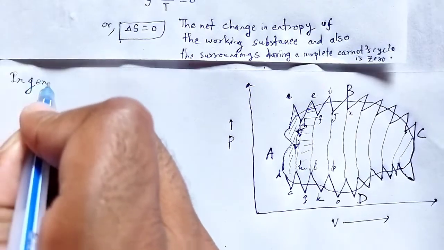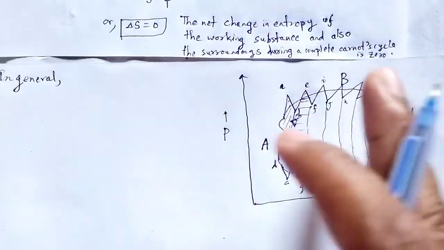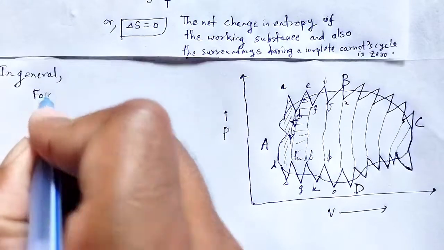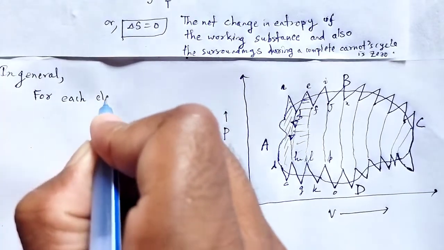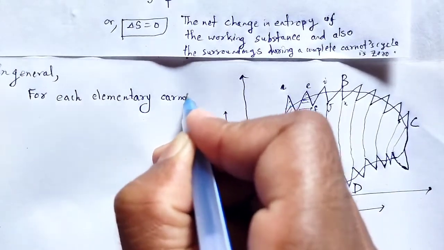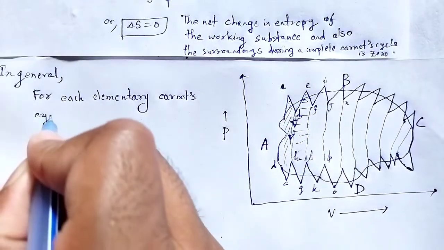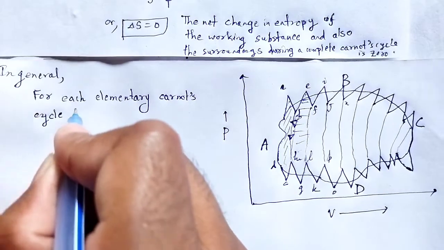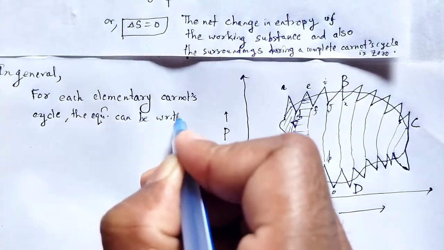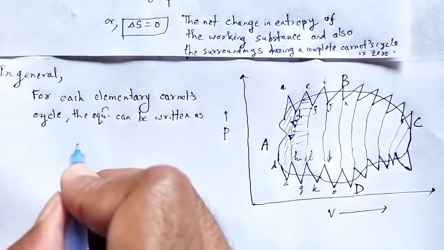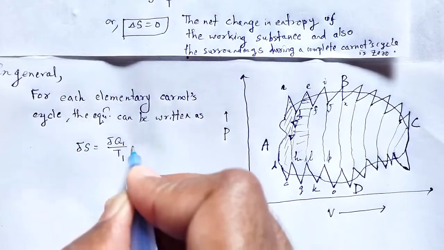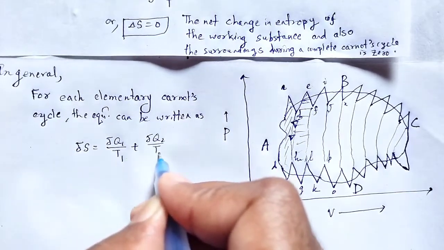In general, for each elementary Carnot cycle, the equation can be written as del S is equal to del Q1 by T1 plus del Q2 by T2.